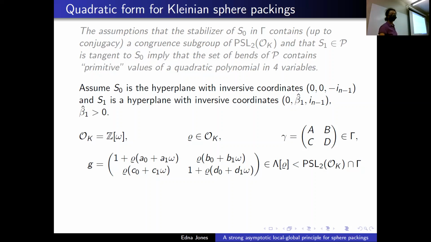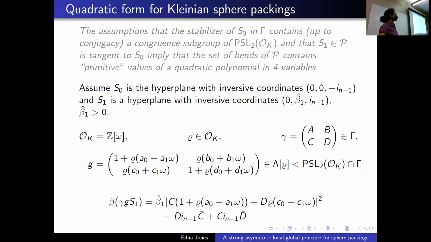Okay. So if I actually look at the bend of S1 after it's acted on by G and gamma, I get this, which is actually a quadratic polynomial in A0, A1, C0, and C1.